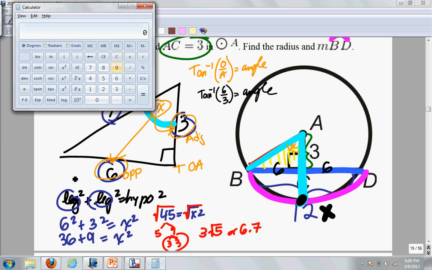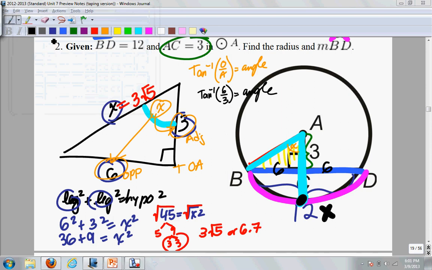So on your calculators, many of you are going to do second function tan, 6 divided by 3. My calculator goes the other way. I go 6 divided by 3. Then I do inverse. Notice that's going to give me tan negative 1. And I get 63 degrees. So my degree measure here is 63 degrees, which gives me 63 degrees here.